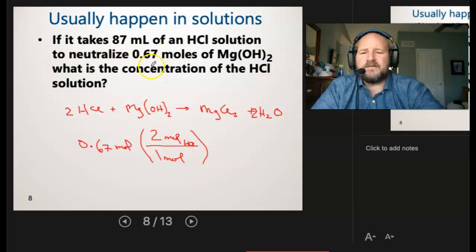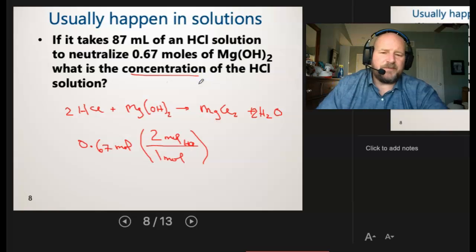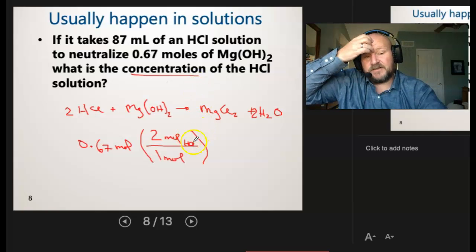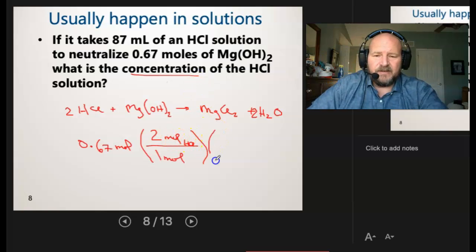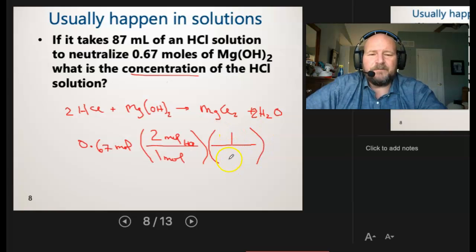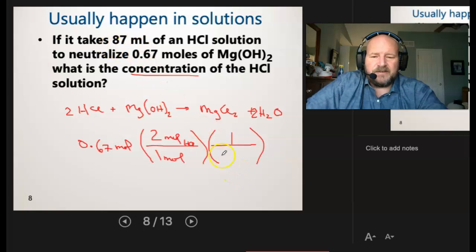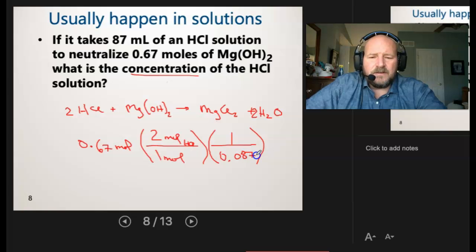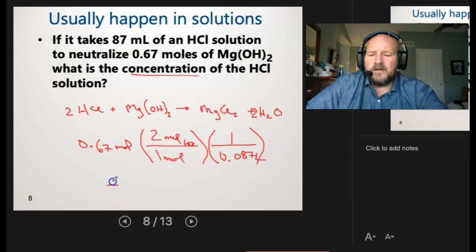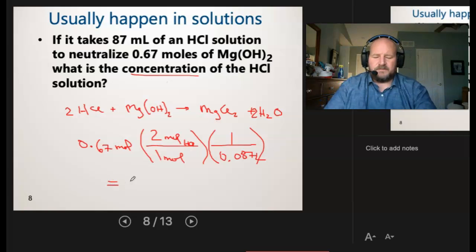And of course, if we're looking for the concentration, we want the molarity. That's going to be moles per liter. So I actually don't want to cancel the moles out. I'm going to divide this by liters. In this case, I'm going to put a 1 on the top. And I have 87 milliliters, which is going to be the same as 0.087 liters.